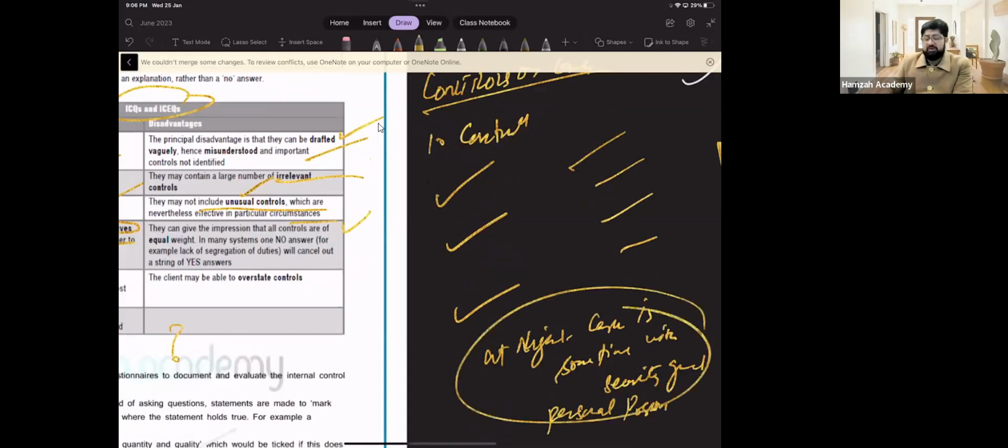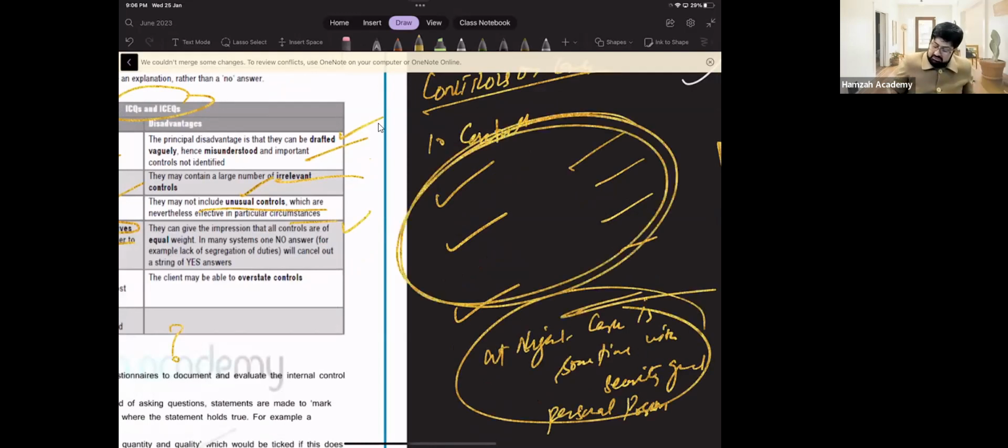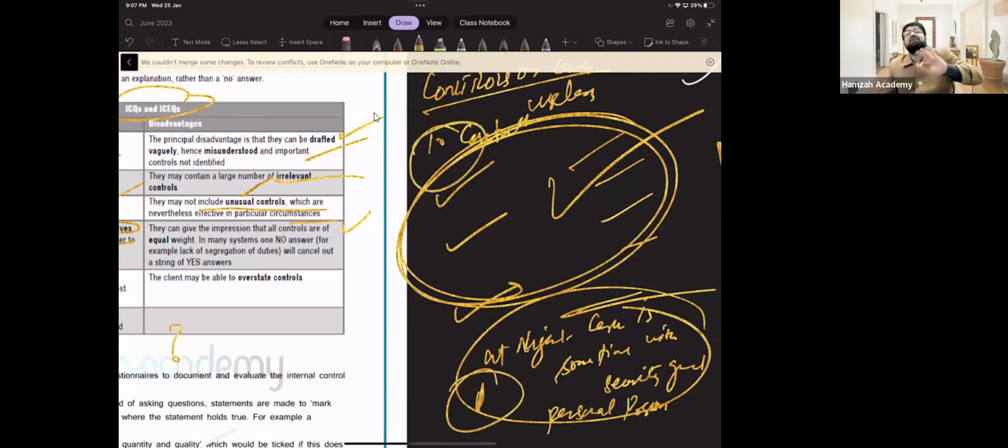Why in personal possession? All controls became useless. You are doing everything, but why personal possession? This one control nullified, cancelled the 10 other controls.